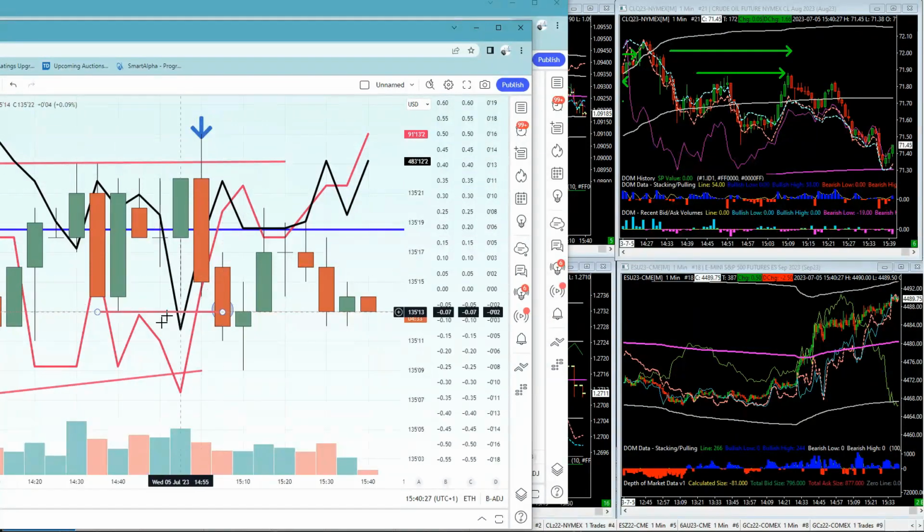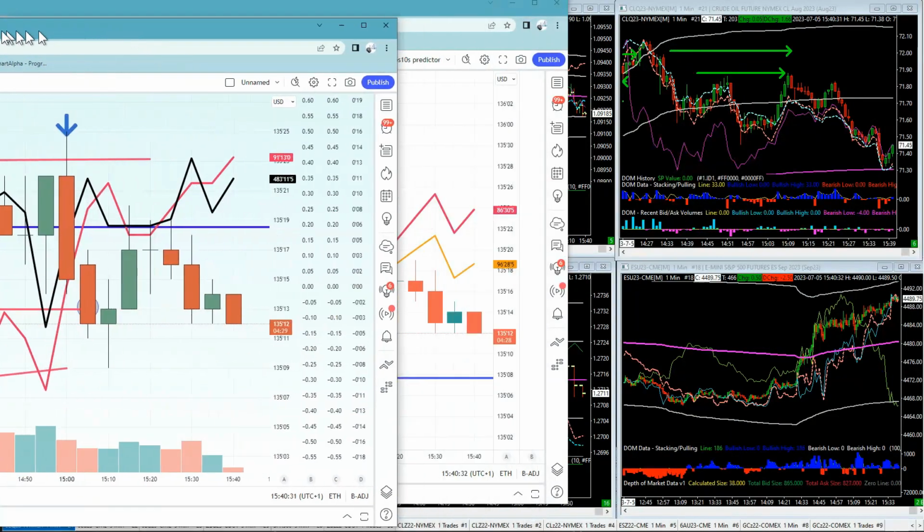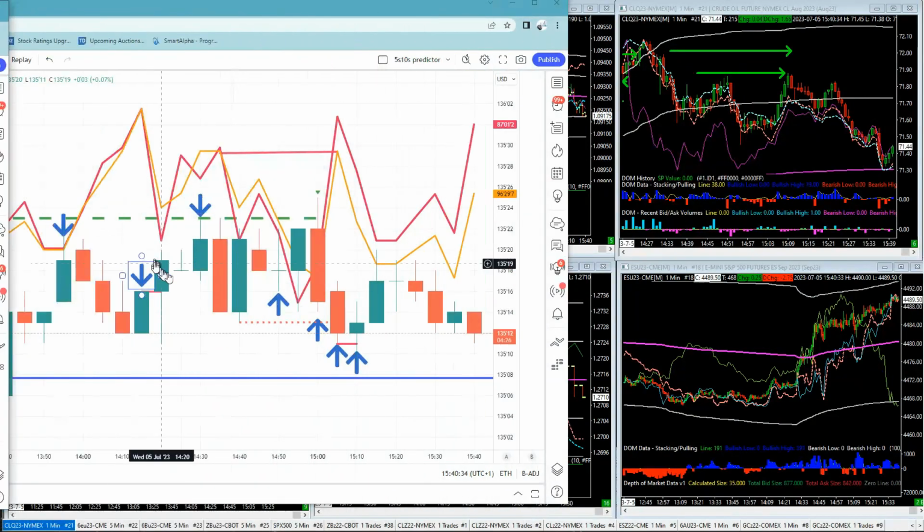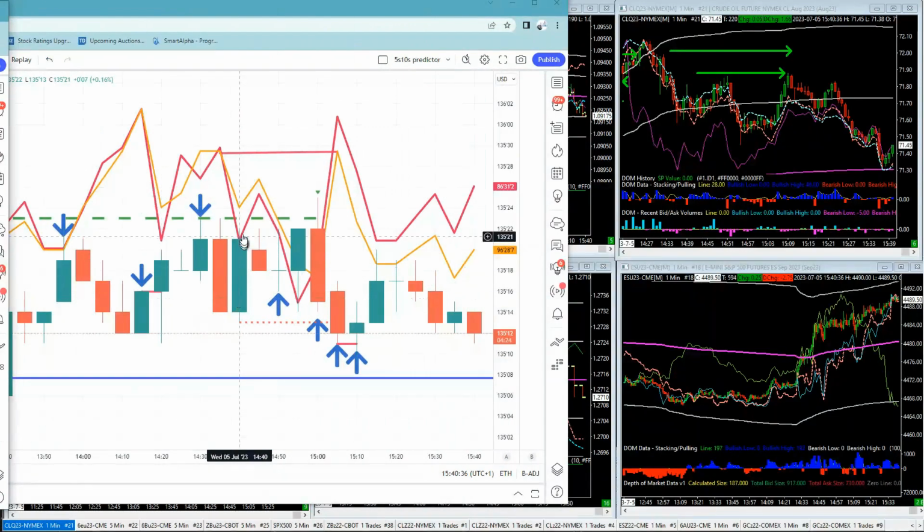But the idea, of course, is if you're buying the red line, you're selling bonds, and you can tie that storyline into the overall shape of the markets. You can change these colors so that they're exactly the same, so that if you're buying red on one, you're buying red on the other, and it gives you the same trade setup. When we look at that trade setup, we can see the same thing happening over and over again.